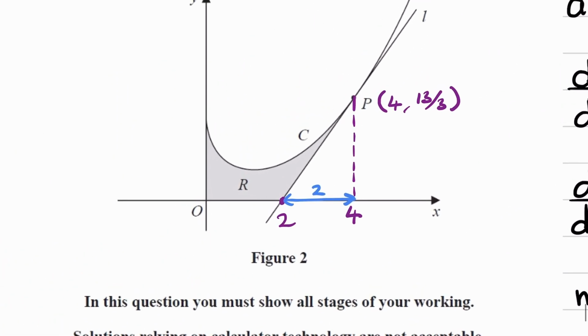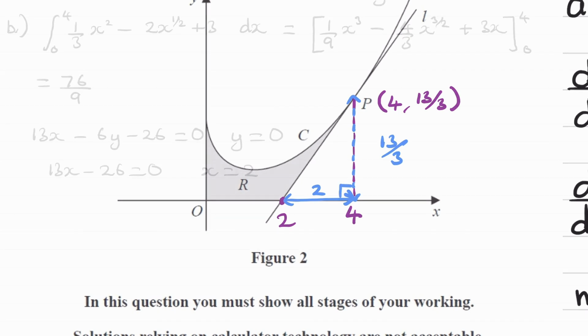So this coordinate here is 2, meaning the base of our triangle is also 2, and the height of our triangle, from here to the bottom, will be the y coordinate of this point, 13 over 3. So base is 2, height is 13 over 3.